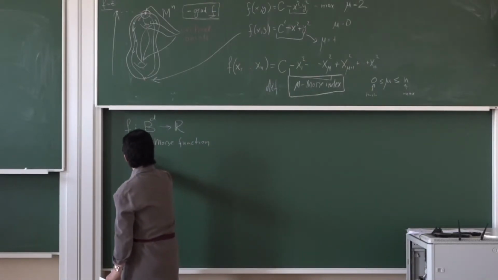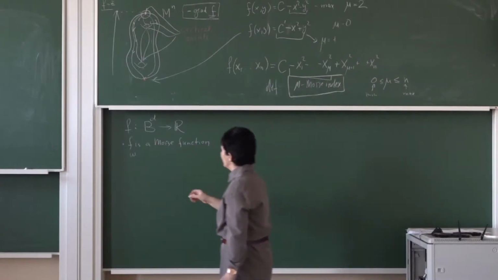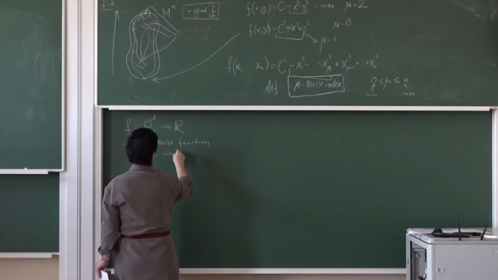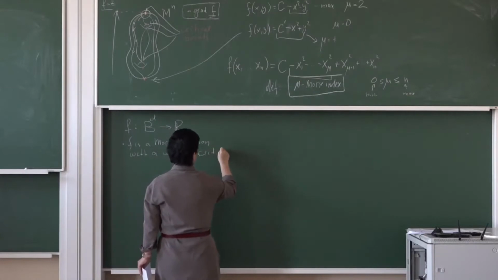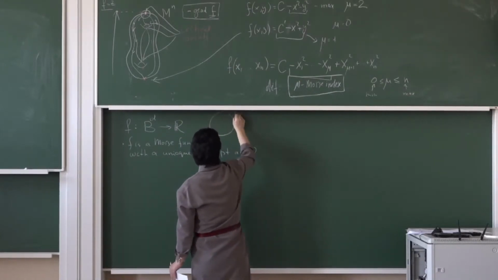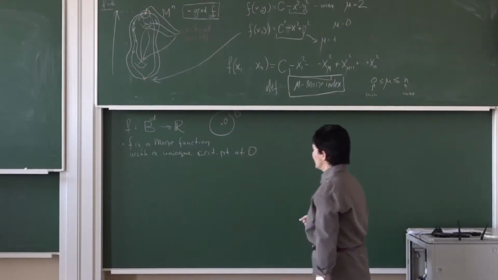Moreover, I assume that the unique critical point of the function is at the origin. So this is the ball BD, and this is the origin, which is the center.